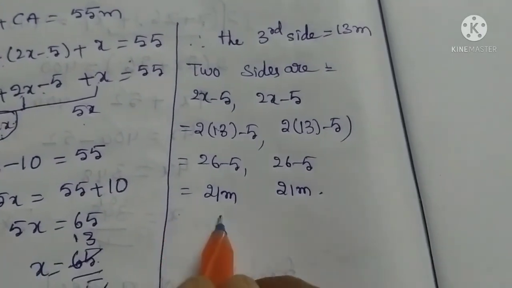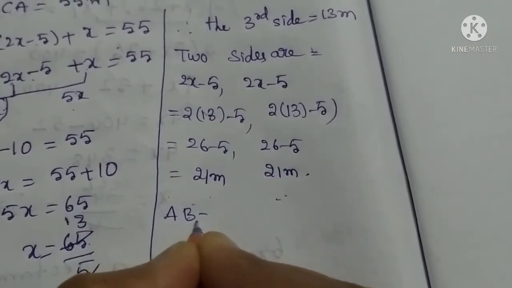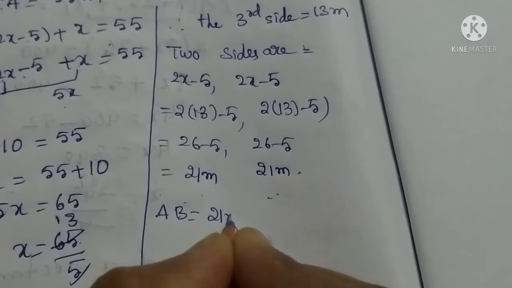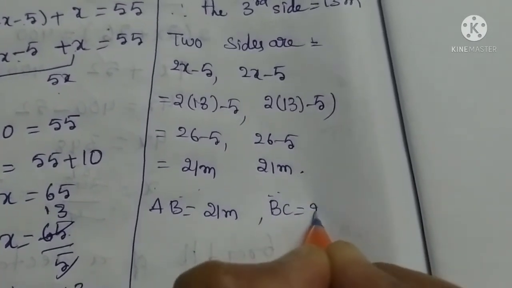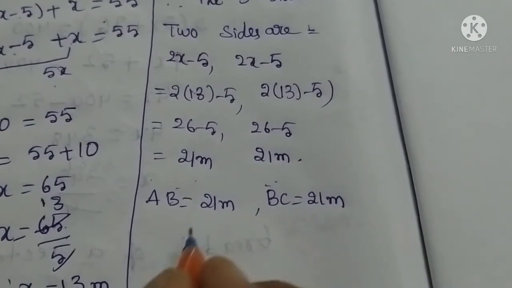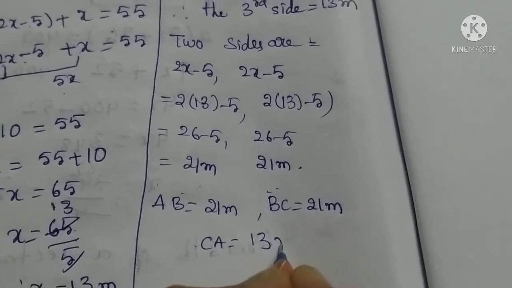These are the remaining two sides. So finally AB equal to 21 meters, BC equal to 21 meters, and CA equal to 13 meters.